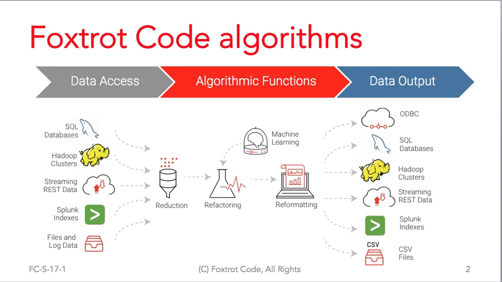Then you can output and store it in various positions and make it available through interfaces like ODBC, which would enable you to pull it into Excel or Power BI or Tableau or some other ODBC compliant environment, or use a CSV file, a very common way to get data from one system to another, back into those same kinds of interfaces.